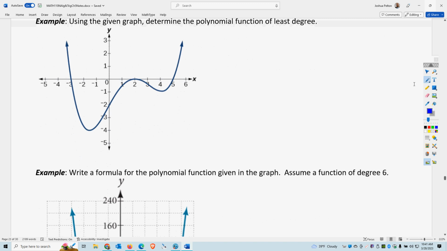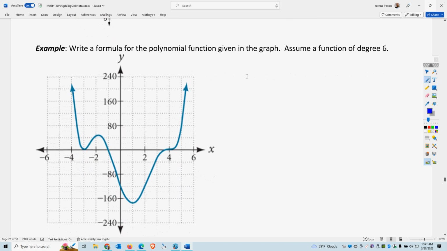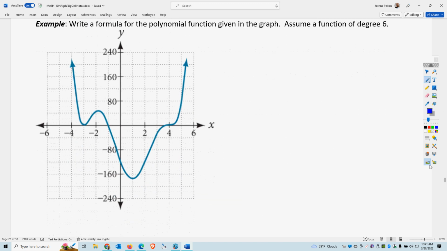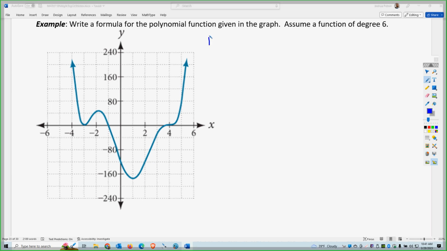So let's assume that it's a 6-degree function for this particular graph. Okay, so f of x equals a times, so this one right here is -3, so x plus 3 is the factor that'll give us that 0. Since it bounces off in a quadratic manner, I'm going to assume that's second power.